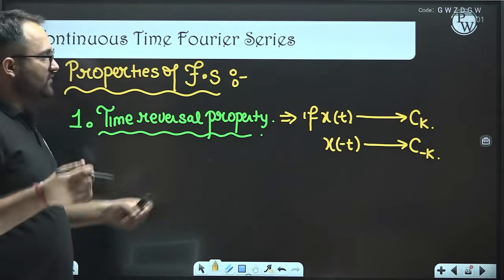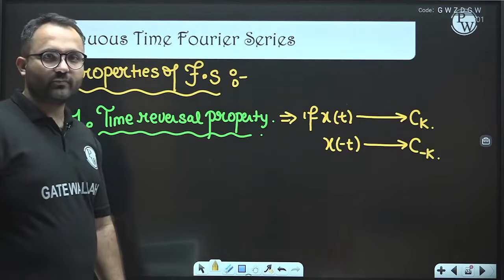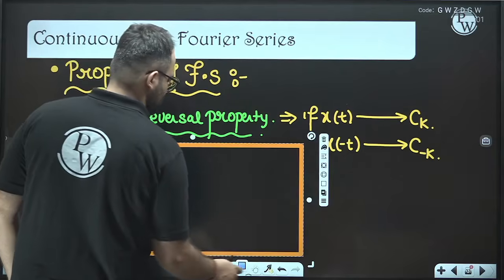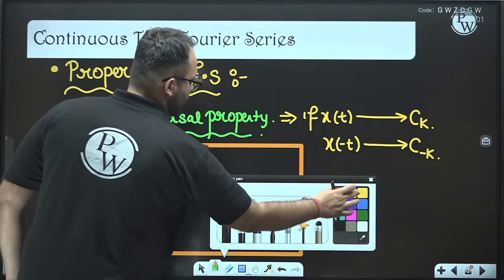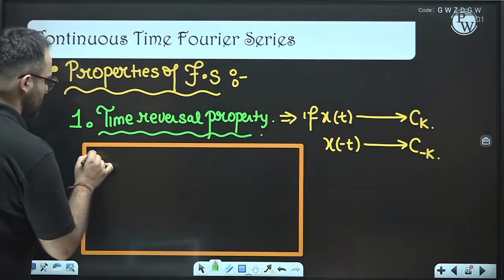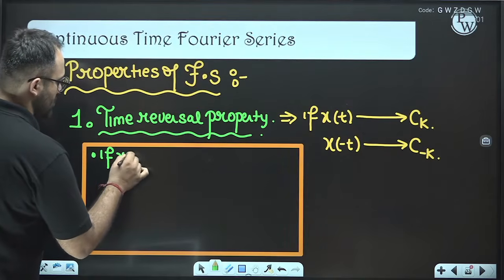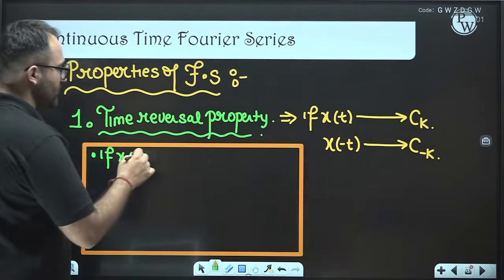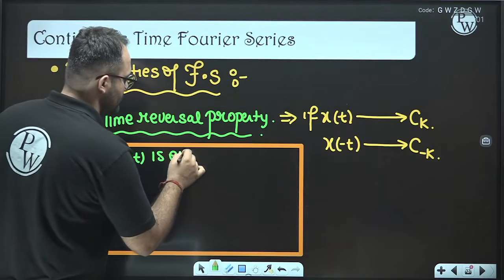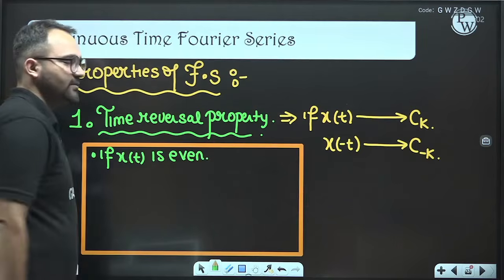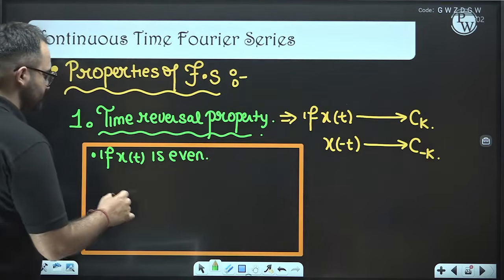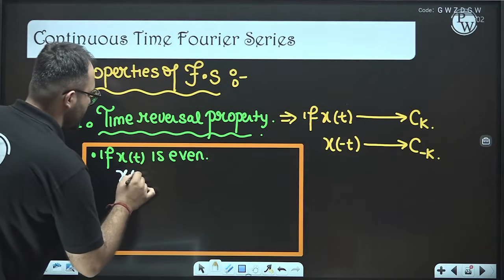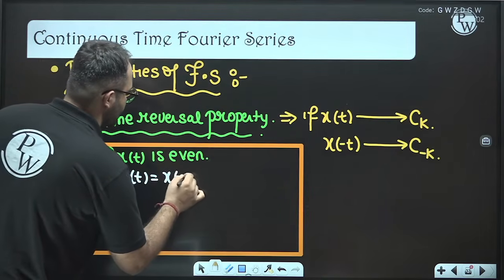So what is the importance of this property? If x(t) is an even signal, then we know that x(t) is equal to x of minus t.